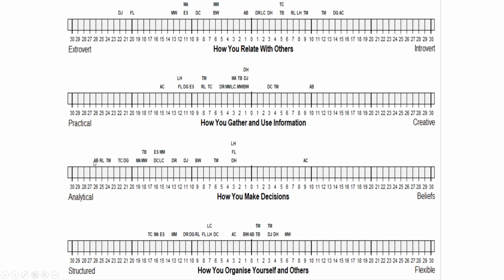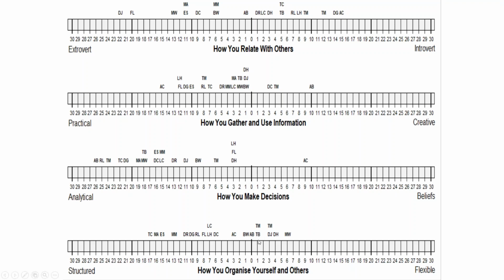You can see that this team is highly analytical. Look at that. You've got all of these people over here on the left-hand side of analytical, and you've only got one sole belief-based decision maker in that whole team. And again, this person here would have an extremely important role to moderate the highly analytical nature of this team, to start to challenge some of the values and beliefs that underpin the analysis that these decisions might be based on.